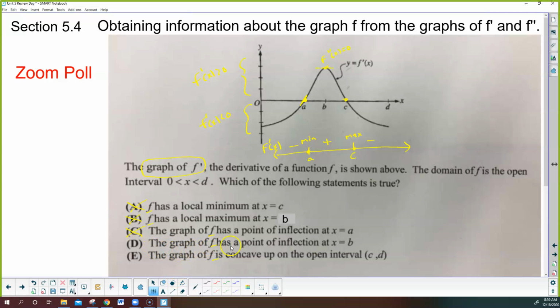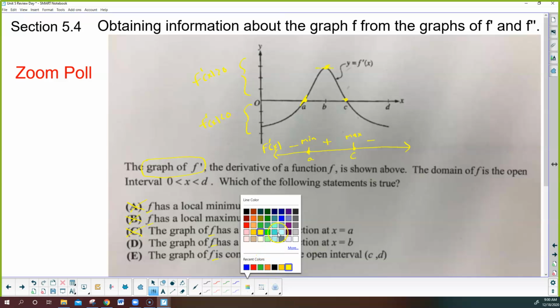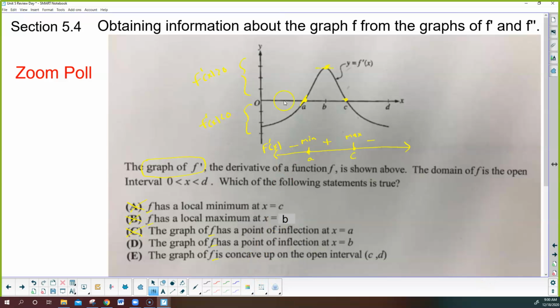And then it says the graph of f has a point of inflection at B. Well, B has a slope of 0, so the second derivative is 0. And actually what I might do is let's make a sign chart now for the second derivative. All right, so this is the graph of the second derivative. And remember, if I'm looking at the first derivative graph, the second derivative is the slopes of this graph. So where do I have a 0 slope?